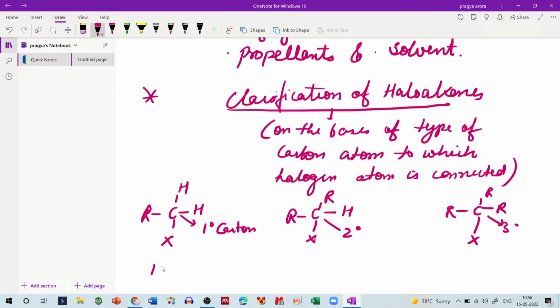This one is a primary haloalkane, this one a primary haloalkane, this is secondary, and this one is tertiary.